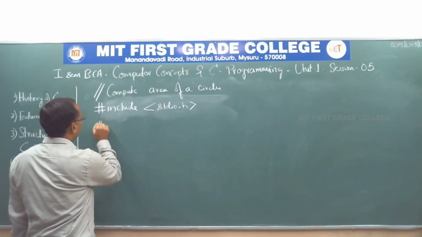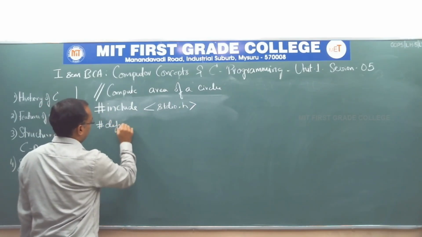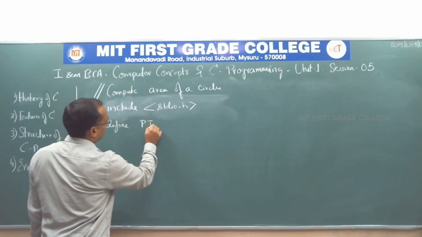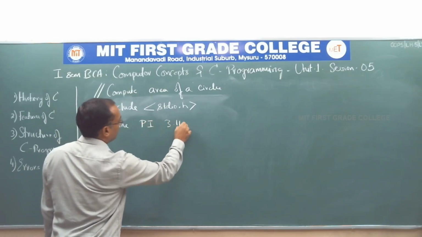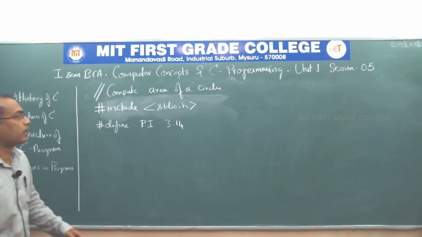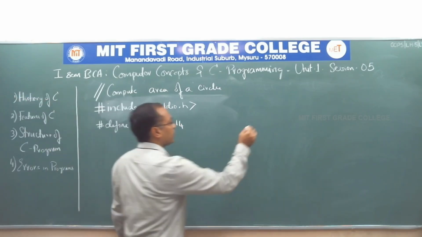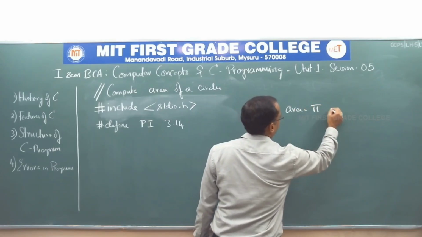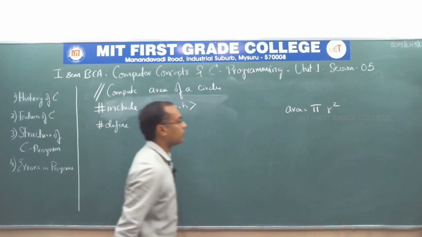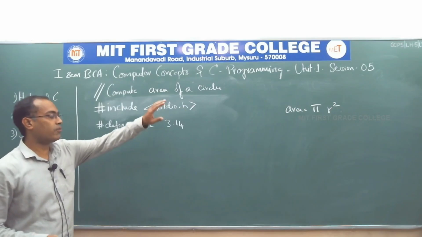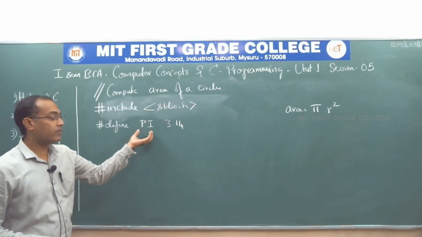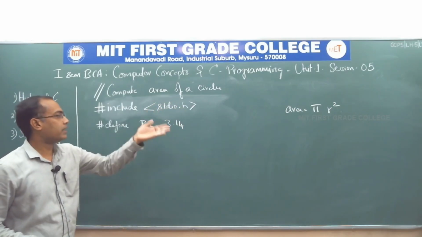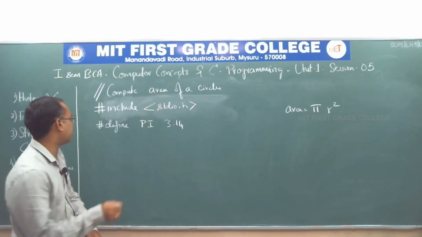Next, I will define pi as 3.14, since the formula for area is equal to pi r square. I will not write 3.14 over there. Instead of that, I will define a symbolic constant and then use the symbol.